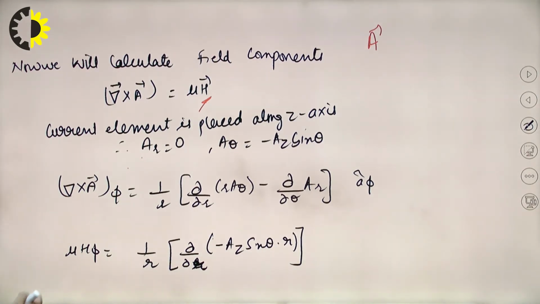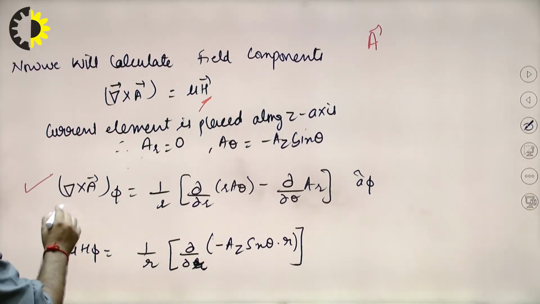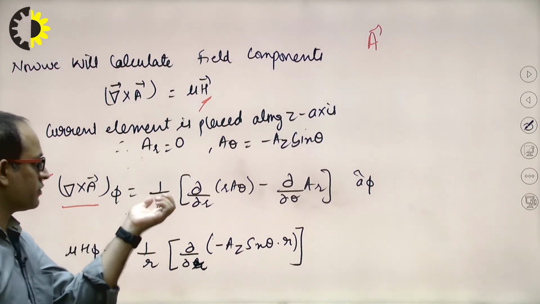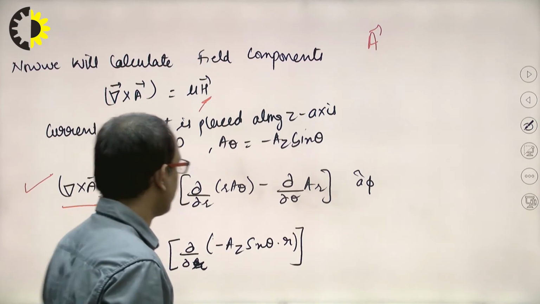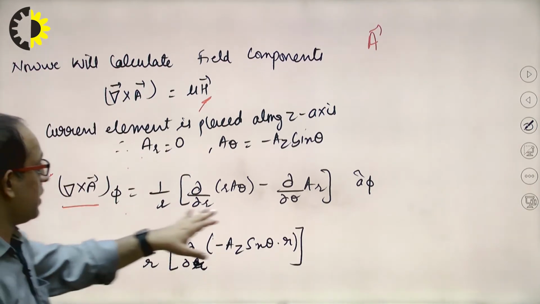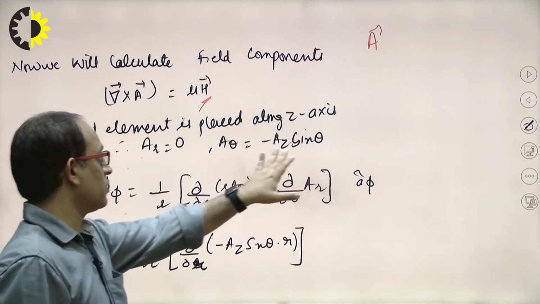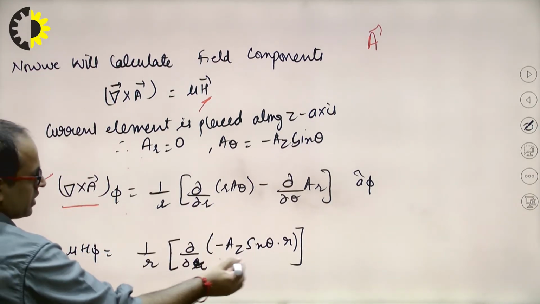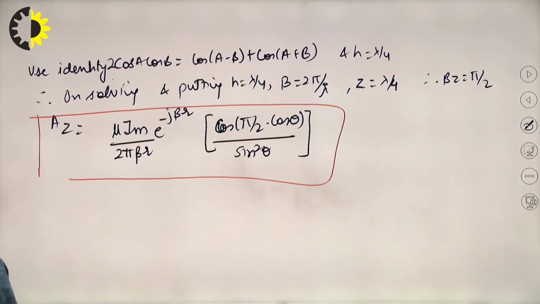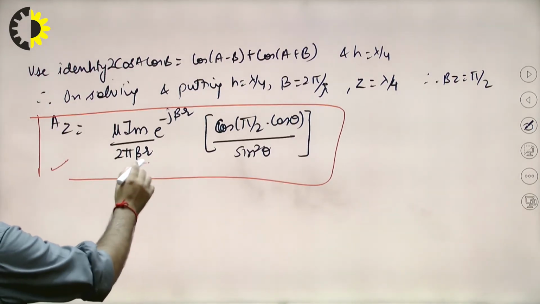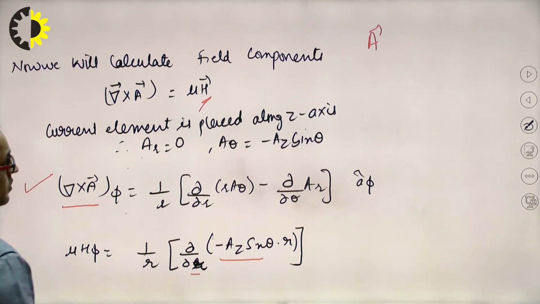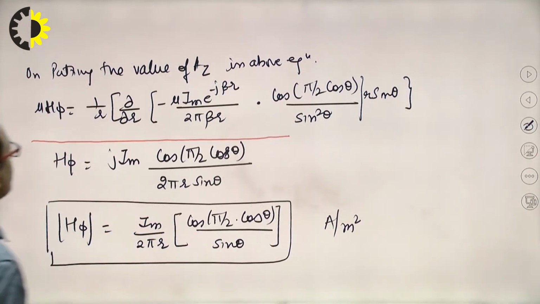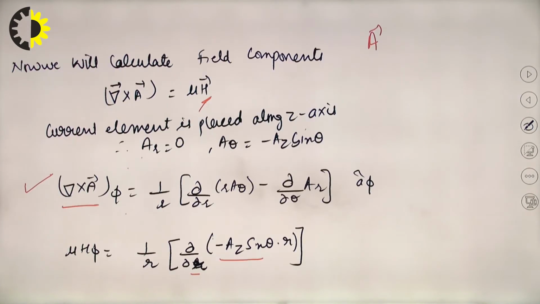Now this is the formula, the curl of a vector in the phi component is equal to 1 by r. Put the value of Ar equal to 0, A theta equal to minus Az sin theta, put those values of Az, differentiate with respect to r. Clear? On differentiating, just put this value here. Clear?